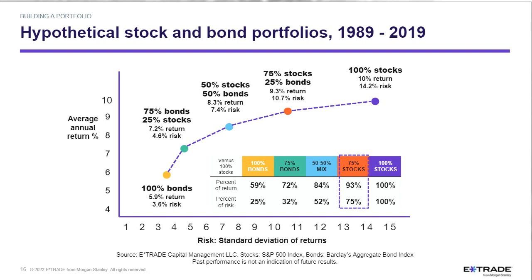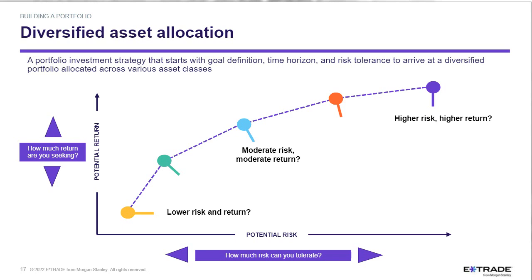Now, where one lies in these areas, which portfolio makes sense for you, well, that requires us to talk about risk tolerance. So I just showed an example of using a hypothetical portfolio of stocks and bonds.